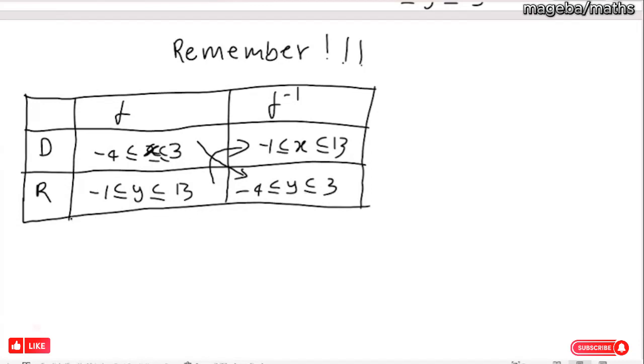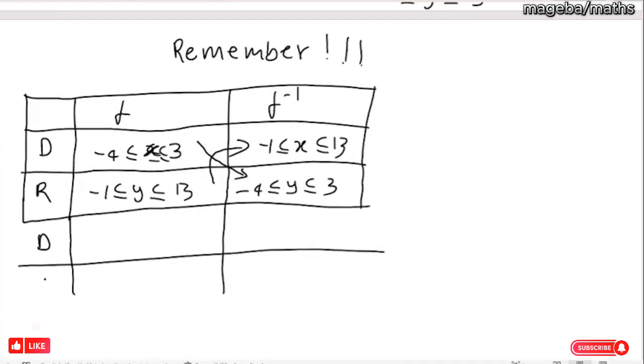I hope you can see that one. And then another notation that we did, it's more or less the same thing. It's still D and R, which is the element of real numbers, where -4 to 3 is the domain of the original function, and then the range of the original function was -1 to 13.